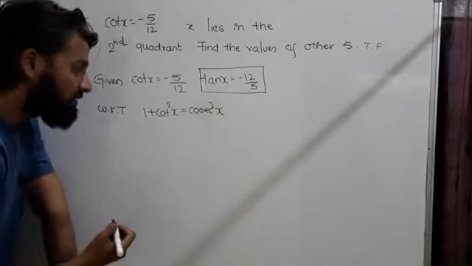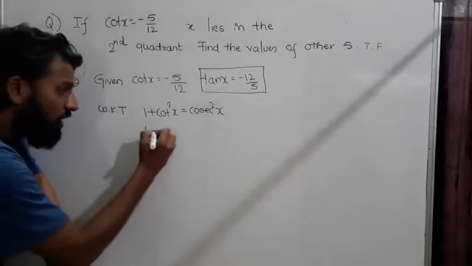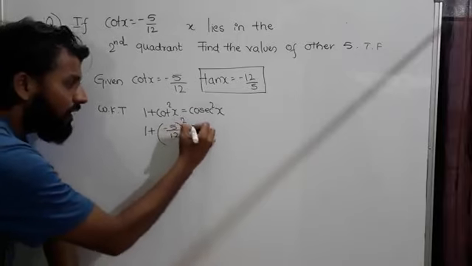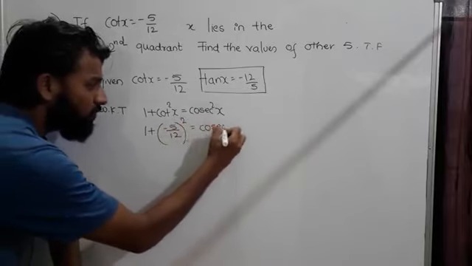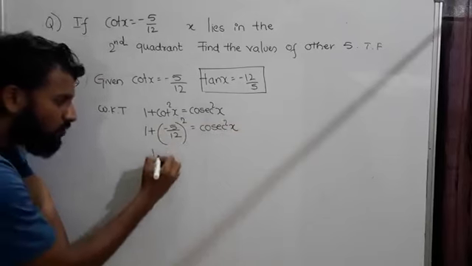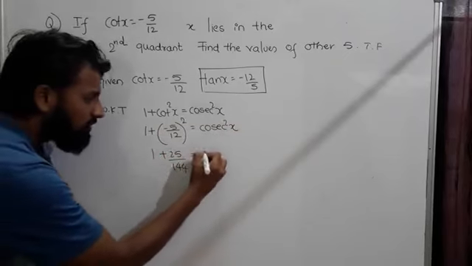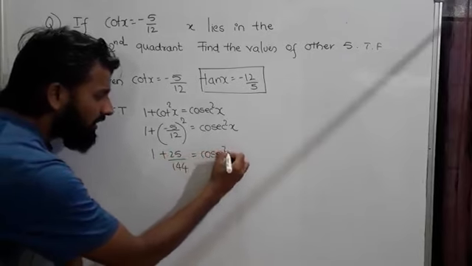We know this formula. Yes or no? Yeah. So now let me substitute the values. 1 plus minus 5 upon 12 square is equal to cosec square x. So this is 1 plus 25 upon 144, which is equal to cosec square x.